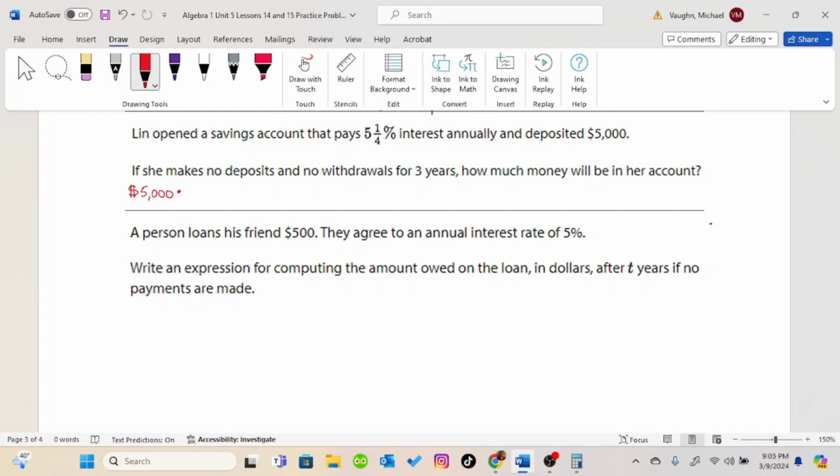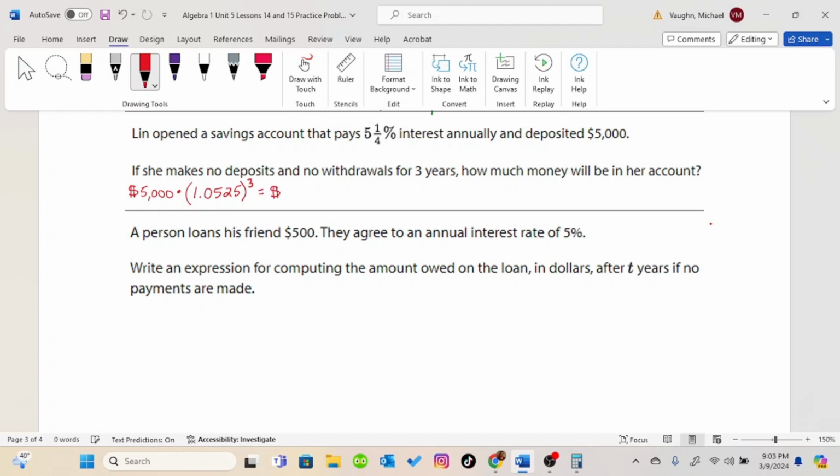We multiply that by the growth factor, which would be 1.0525. This represents the extra 5.25% interest. And our input is going to be the number of years, which is 3.